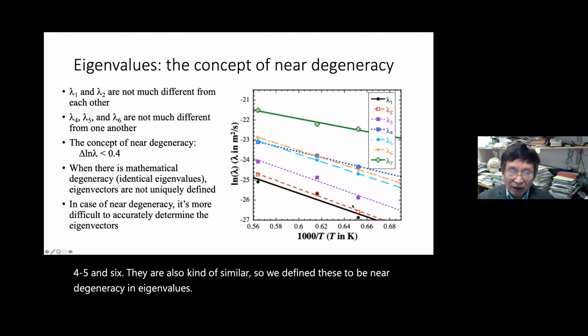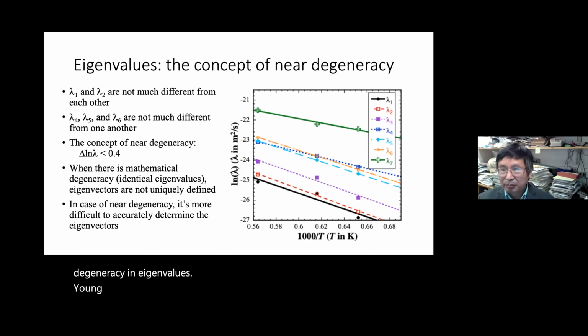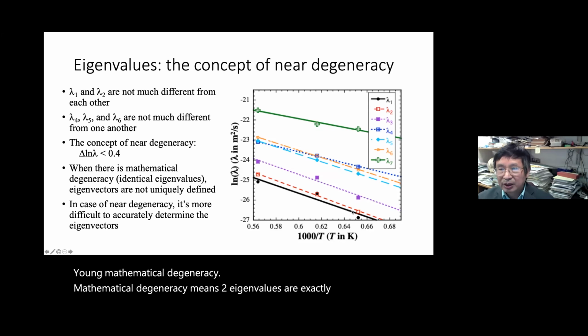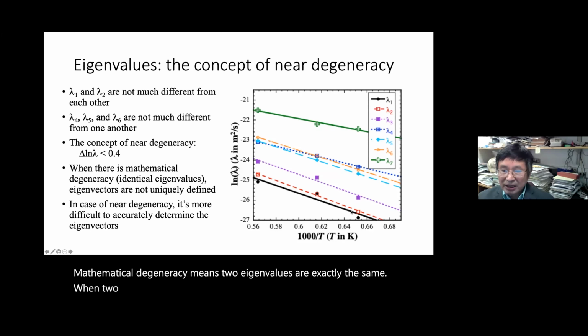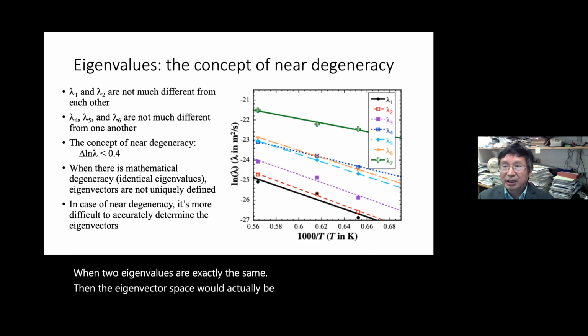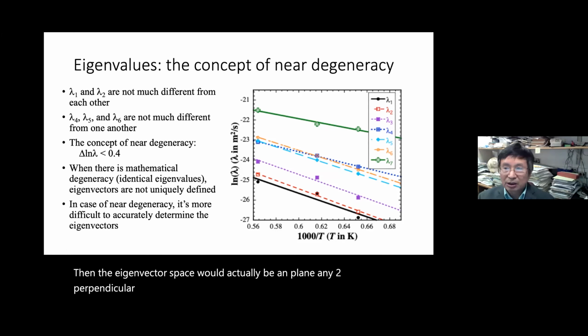In mathematical degeneracy, two eigenvalues are exactly the same. When two eigenvalues are exactly the same, then the eigenvector space would actually be in a plane. Any two mutually perpendicular vectors would be a set of eigenvectors.